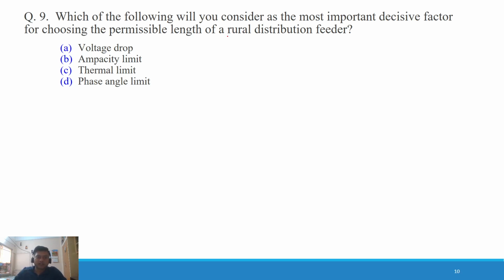A rural distribution feeder means low load density areas. For high load density areas, this decision factor will differ.